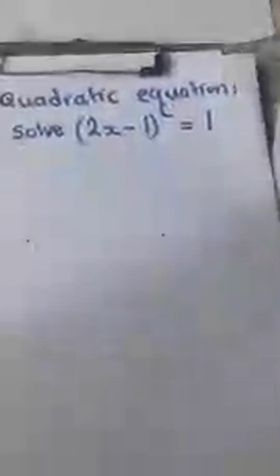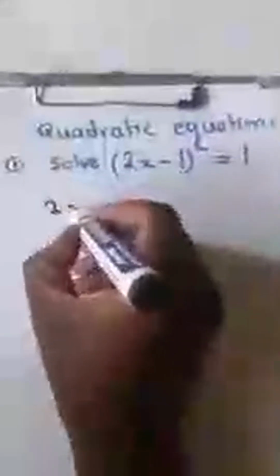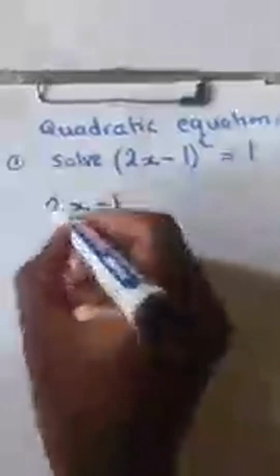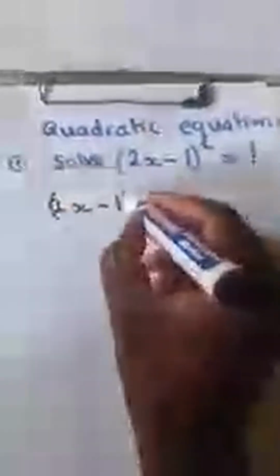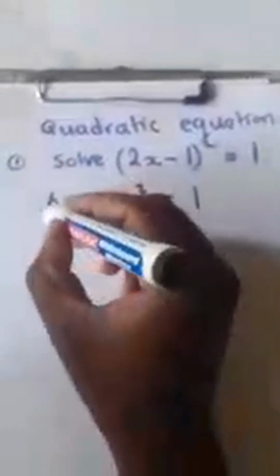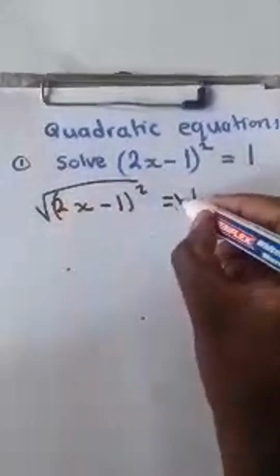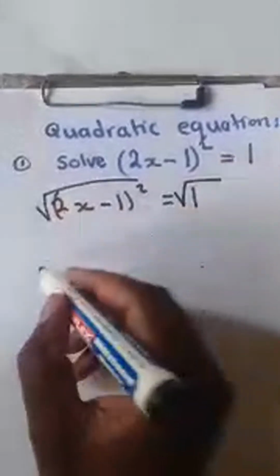Okay, let's solve it together. So it's (2x minus 1) squared is equal to 1. I want to get rid of this power 2, so we are going to put a square root on both sides.